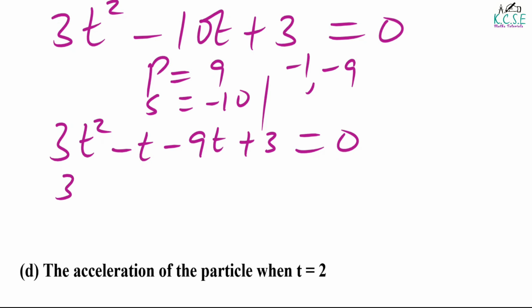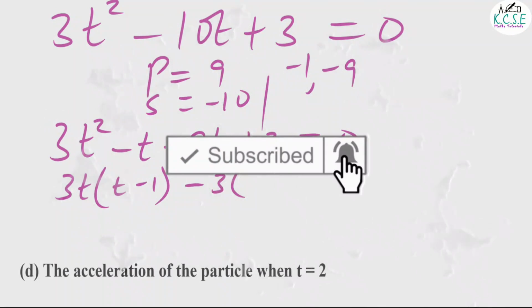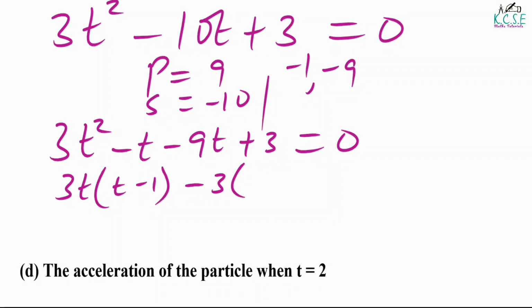Factor out the common terms: t is common in the first two, so you get t(3t minus 1), and in the last two, minus 3(3t minus 1). I'm sorry, something was wrong there, but I think that is correct now.